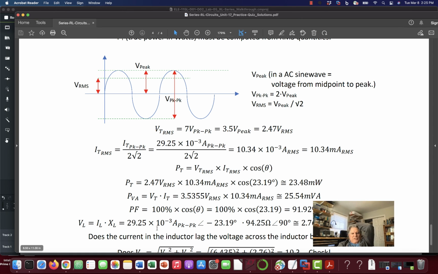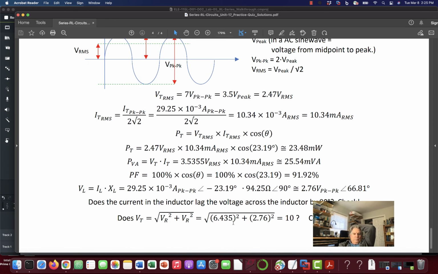For the voltage across the inductor, we keep applying Ohm's law, but we keep track of the fact that we're at various phase angles.